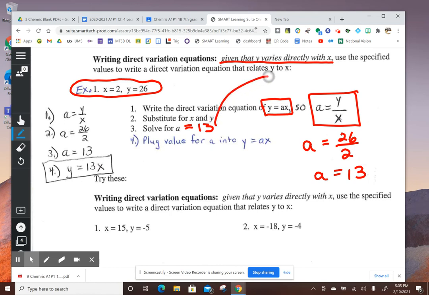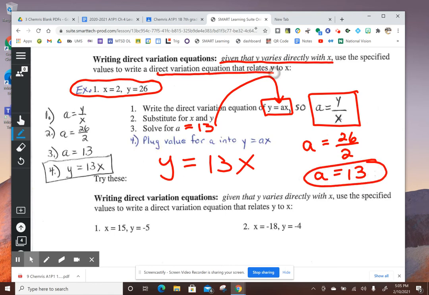Now I have to go back and plug in a into my equation. So this direct variation equation is y equals 13x. You cannot stop here because the directions say write a direct variation equation that relates y and x. So unless you have an equation with an x and a y, you know you're not right.